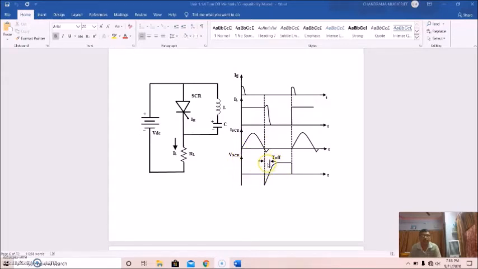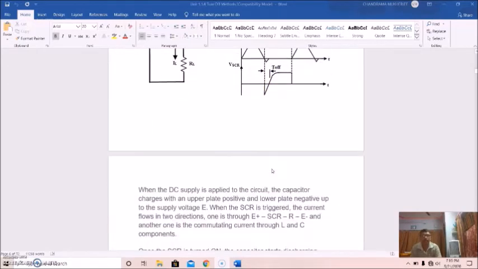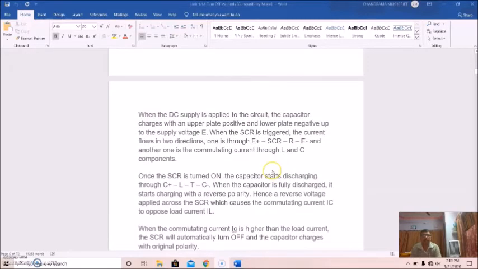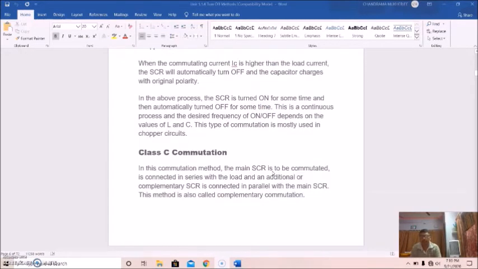This particular time is the reverse voltage required for the recombination of the excess charge carriers at the different layers. The load current comes to 0 at this point, so this time is the turn off time. Okay, so that's all about class B commutation.